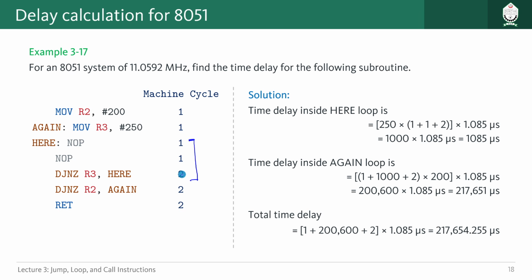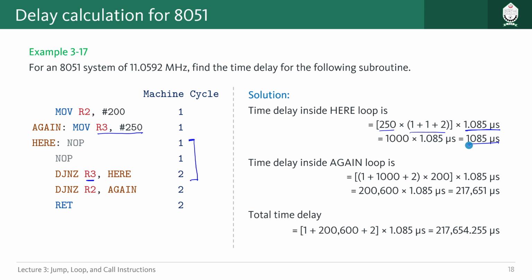In total 1 plus 1 plus 2, 4 machine cycles if we execute this loop once, and we have to execute it how many times? 250 times, because R3 is loaded with 250. So you see 4 multiplied by 250, and then the time for each machine cycle, you get the value.